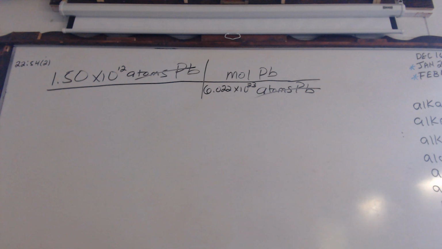So punch in 1.5, second e to the 12th, divided by 6. Oh, what, you have a parenthesis in there? No. Okay. Second exponent, 23. Oh, actually, I think I might have forgot the 0. Okay. 2, 4. Never mind.